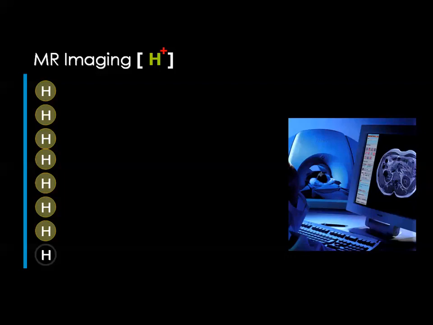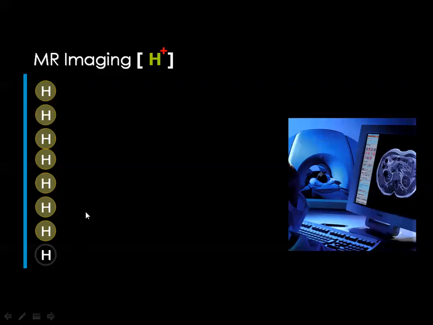Let us say that the direction of the MRI machine is from below up, and all the protons and electrons present in the human body will be arranged in the direction of the magnet.